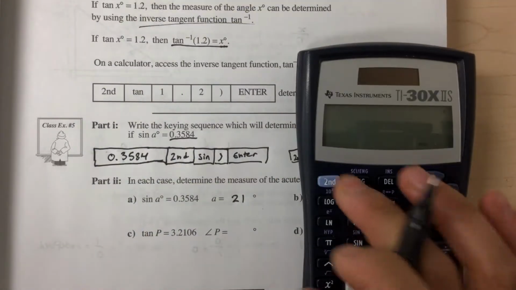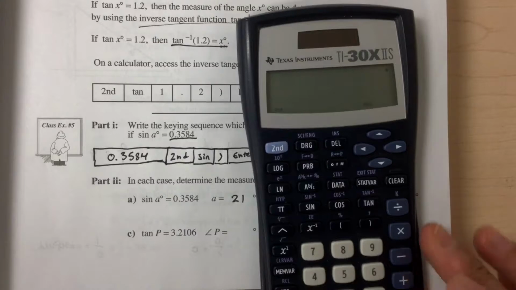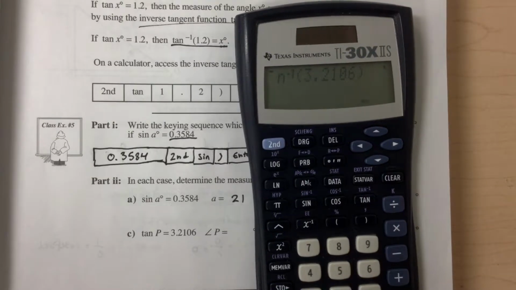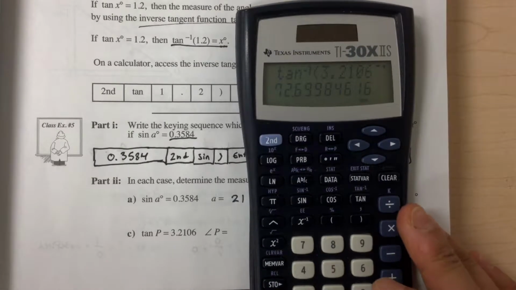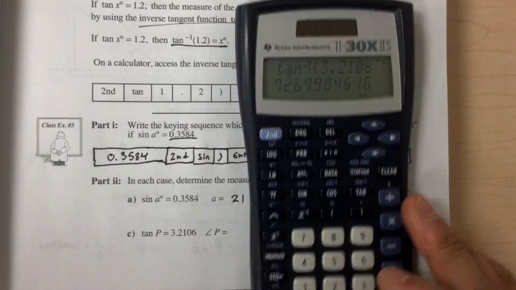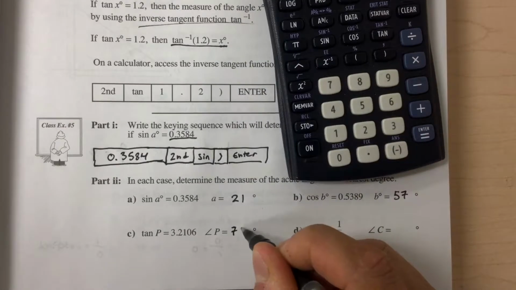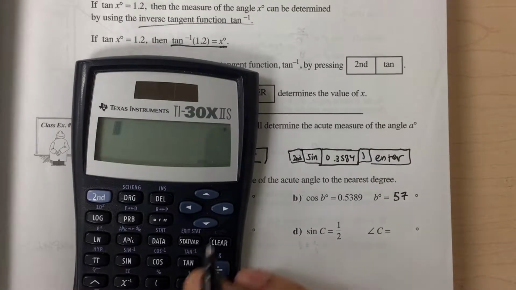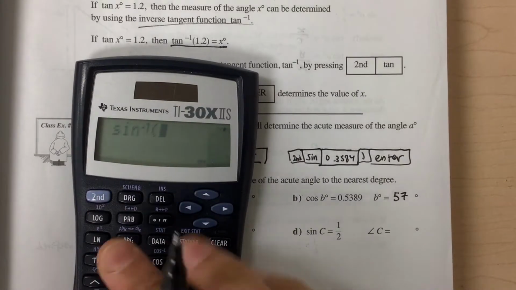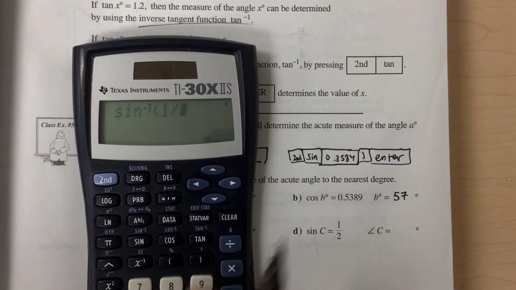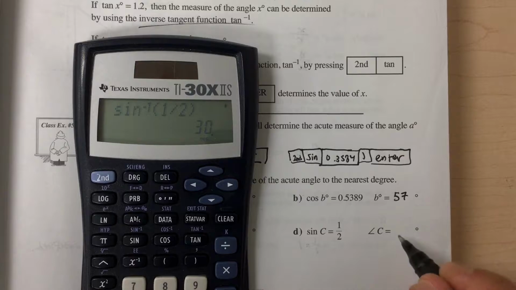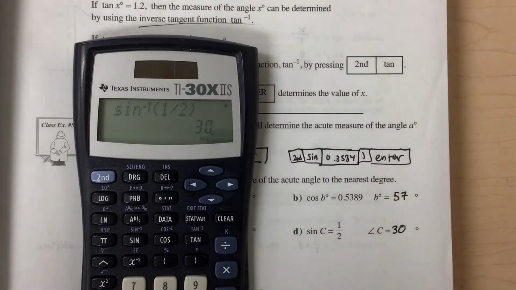I do the exact same thing here, second, and then I would press inverse tan, for tan C, 3.2106, close my bracket, and I get a value of 73 degrees, 72.6 or 73 degrees. And finally, sine C, so second function, sine, 1 divided by 2, you could put 0.5, and we would get a value of 30 degrees.